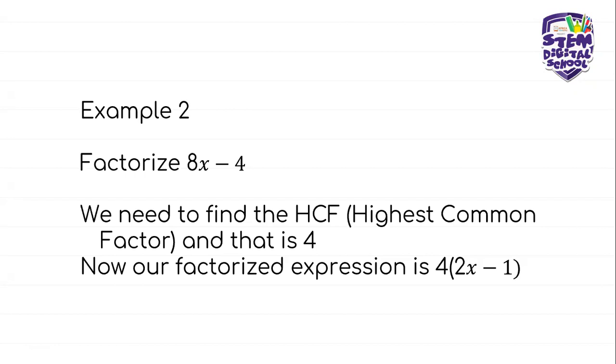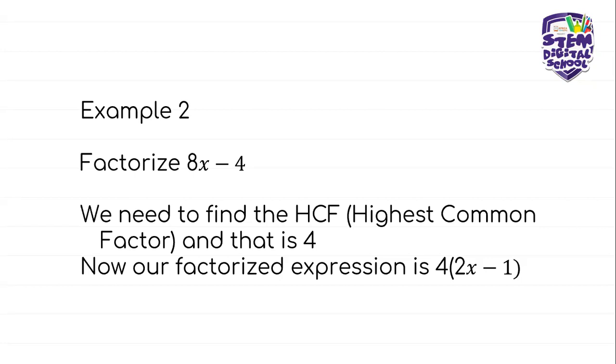This means that the factorized expression will be 4, and then you open your bracket, 2x minus 1. So this is the factorized expression of the algebraic expression there. The main thing that you need to know is that you are going to take out the common factor.